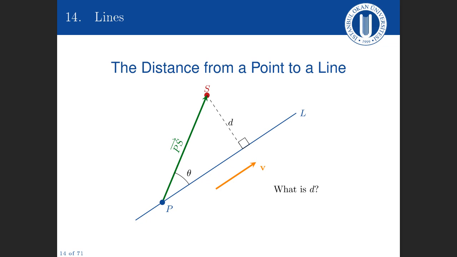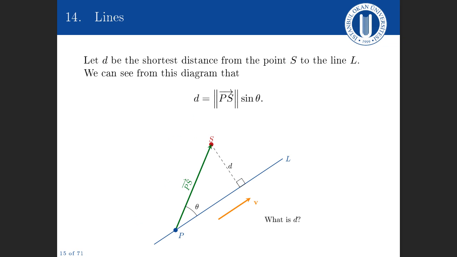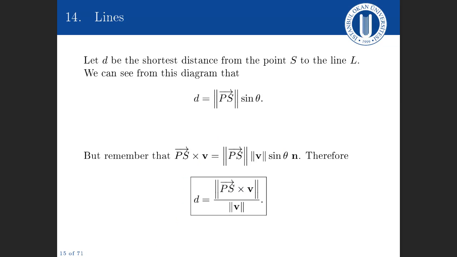Now, we can use trigonometry. We can see from this picture that the distance d must be the same as the norm of the vector PS multiplied by sine theta. But remember, we were talking about the cross product last week. Remember that we had the cross product definition.